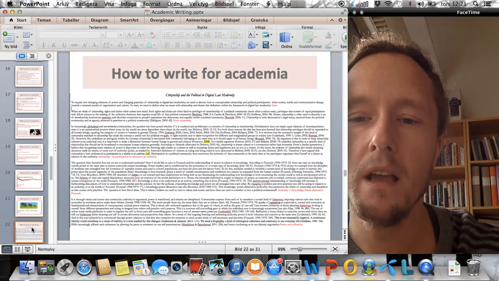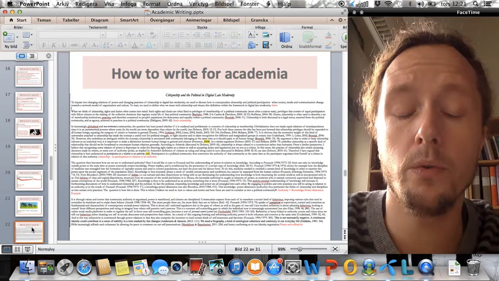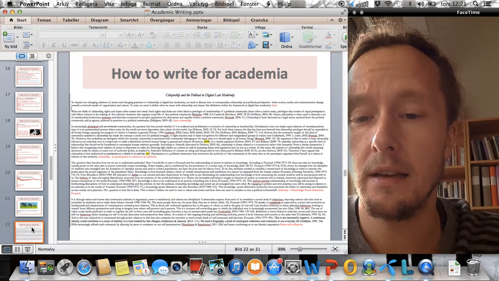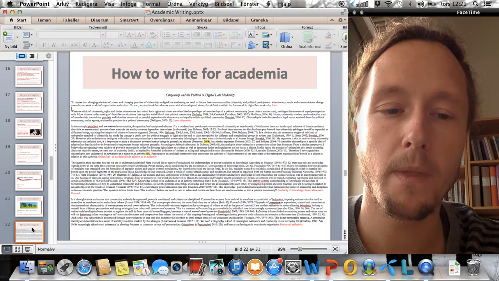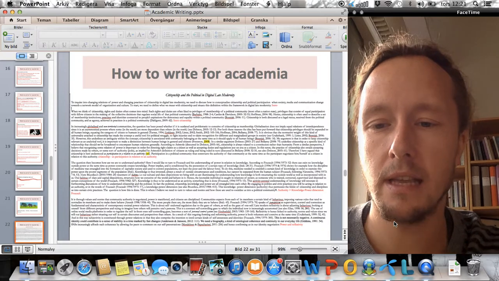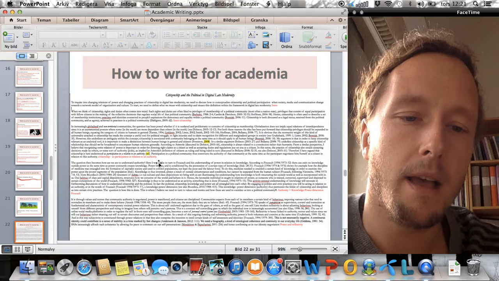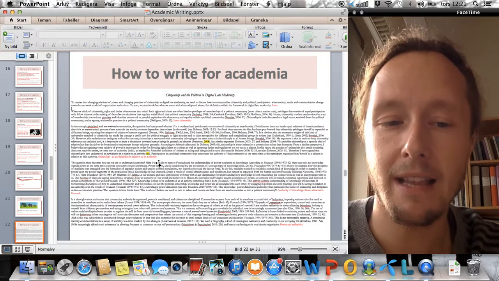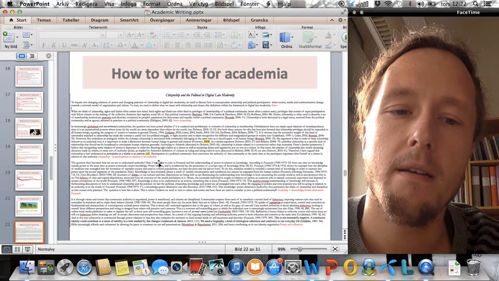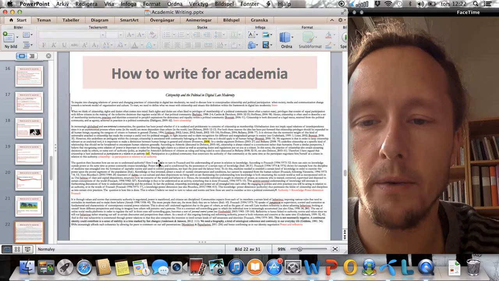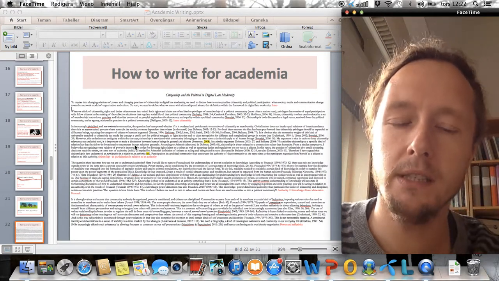Now, what I do, and you don't have to read this, is just give you an example of how I work. This is an article that I wrote. As you see, there are sections in red which are not part of the text. When I write, I always try to put a little summary under each paragraph, or each chunk of text, to really see what it is about.